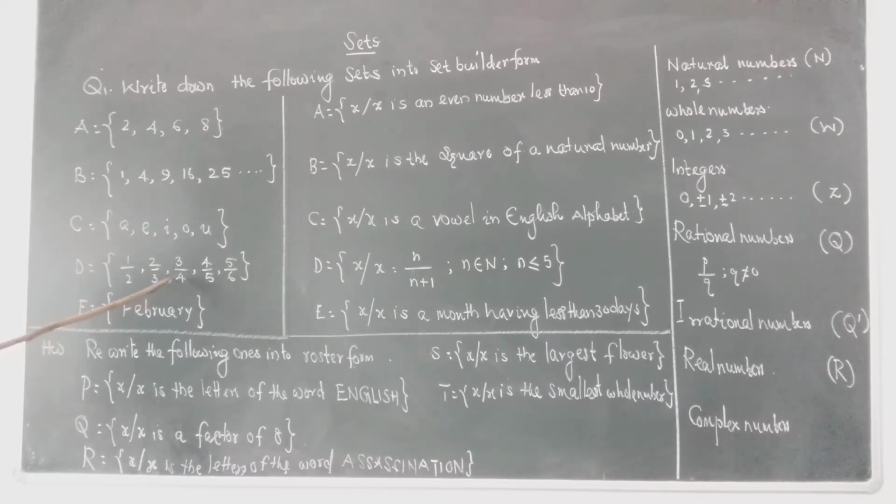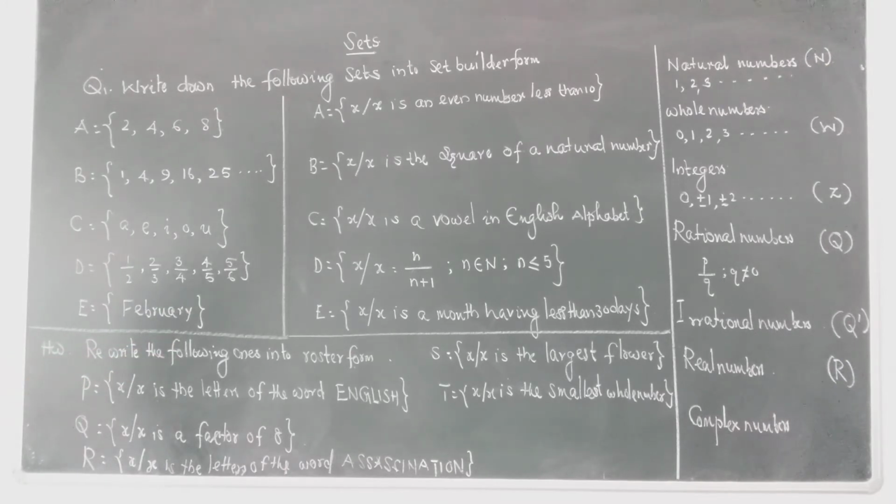In other words, the denominator is 1 more than the numerator. This 6 is 1 more than 5, this 5 is 1 more than 4, this 4 is 1 more than 3. So that could be the property: the denominator is 1 more than the numerator.